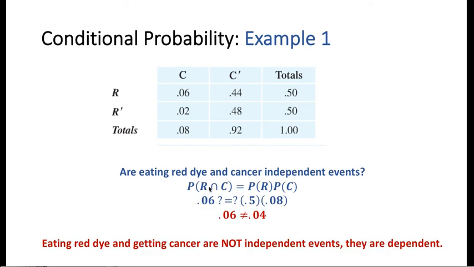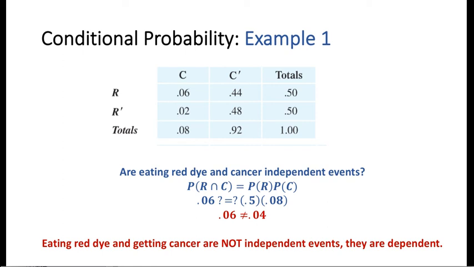The probability of eating the red dye and getting cancer, remember, was 0.06. The probability of eating the red dye was 0.50, and the probability of getting cancer was 0.08. So does 0.06 equal 0.5 times 0.08? It does not. Therefore, eating red dye and getting cancer are not independent events. That means they are dependent.